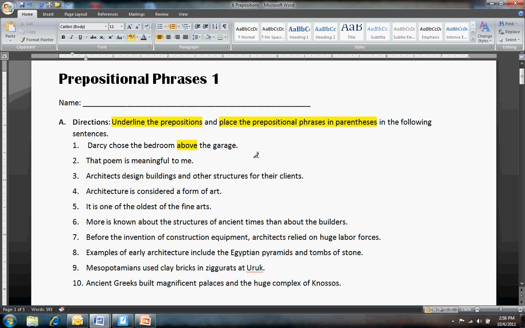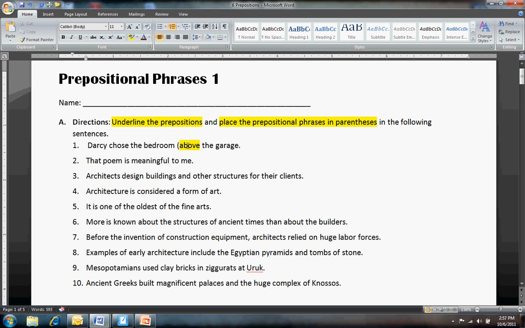If a word is on that list, it is a preposition. If not, it is most likely not a preposition. So we found our preposition, it's above. Now place the prepositional phrase in parentheses. The preposition always begins the prepositional phrase, so that is where you start your parentheses, to the left of your preposition. In this case, it is to the left of above.